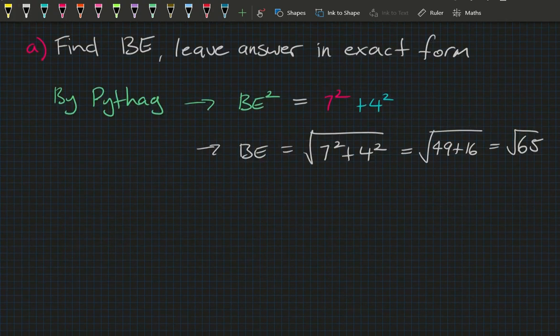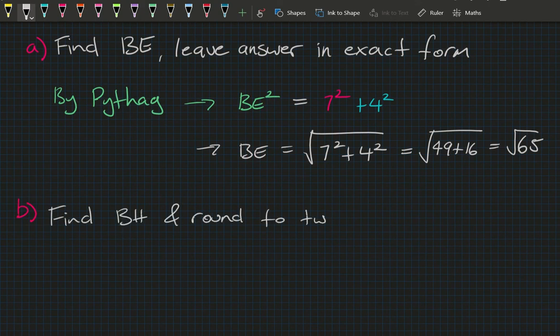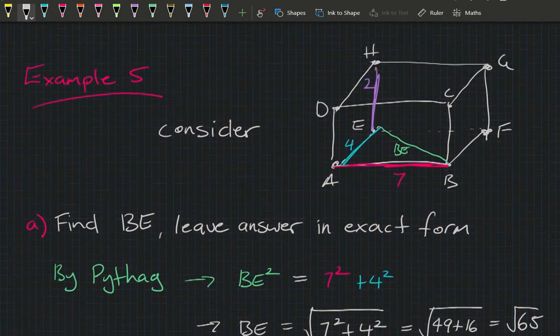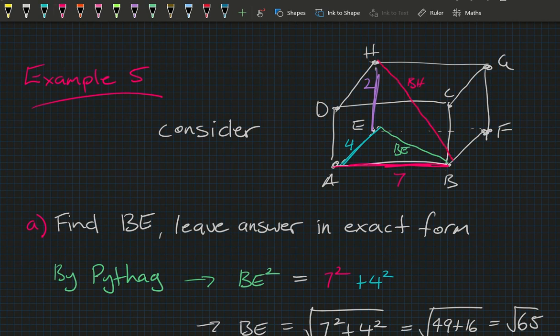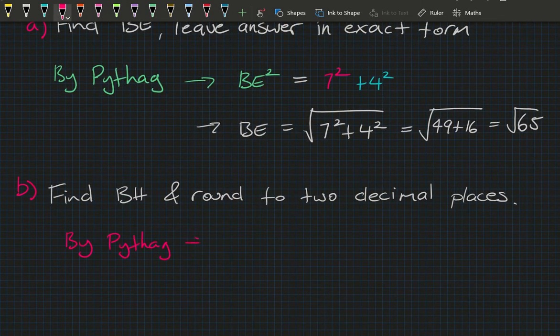So let's move on to part B, where we're asked to find BH and round to 2 decimal places. So let's go back up and have another look at that diagram. So let's mark in BH. That would be this red line here. And clearly we have a right angle BH, BE and this line that's 2. So using Pythagoras' theorem, BH squared is going to equal BE squared plus 2 squared.